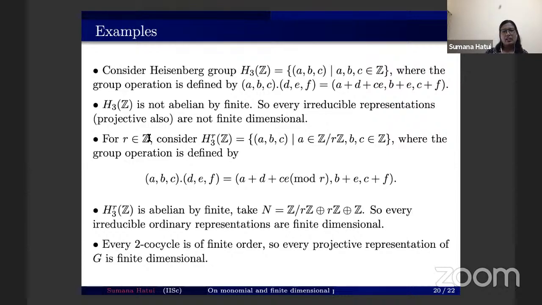And if you take R from Z and define this group, where the first component we are taking from Z mod RZ, and you define the group operation like that, then this group is actually abelian by finite. You can take a normal subgroup like this, and then by Hall's result, every irreducible ordinary representation is finite dimensional here. But what happens for projective ones?